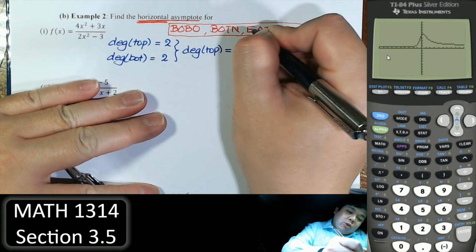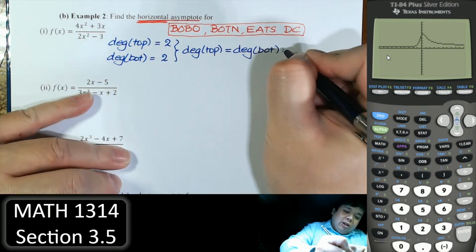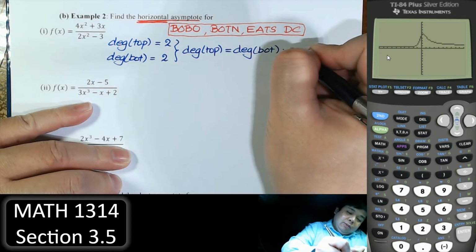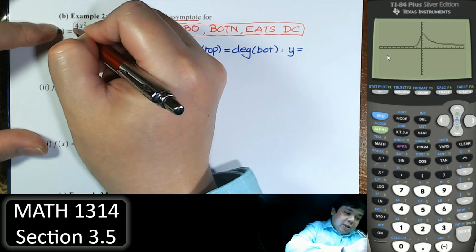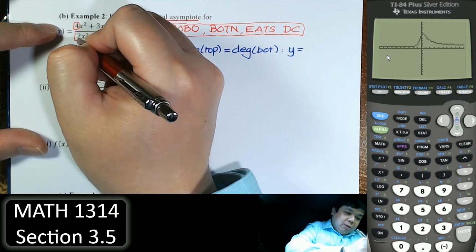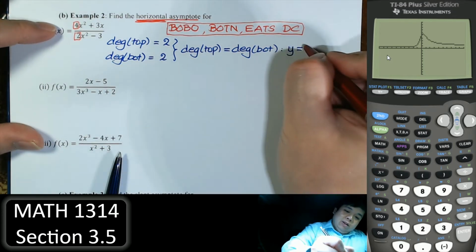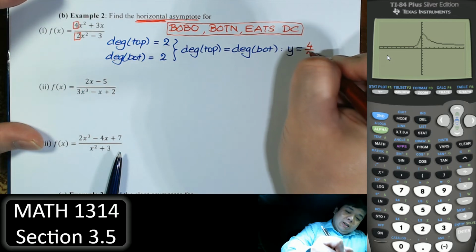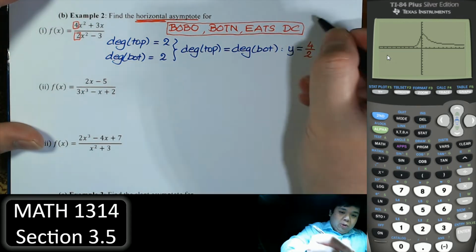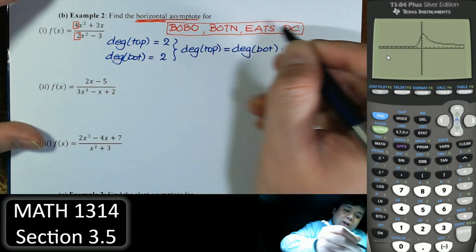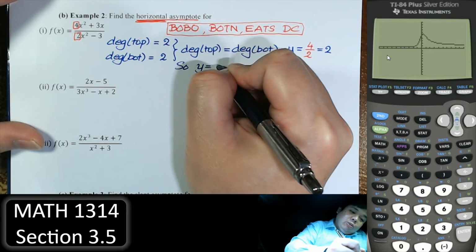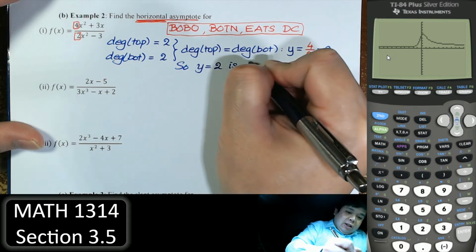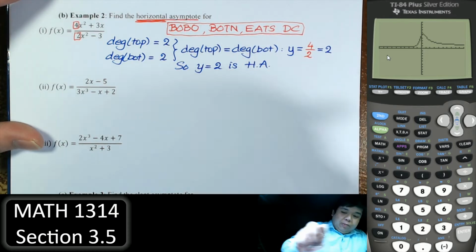So when exponents are the same, we divide the coefficients. So the coefficient of x squared at the top and x squared at the bottom. So equal to 2. So we have y equal to 2 as the horizontal asymptote.